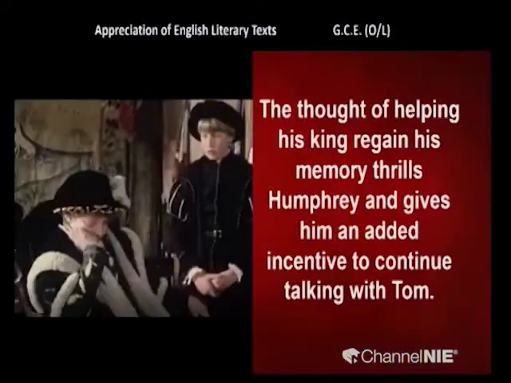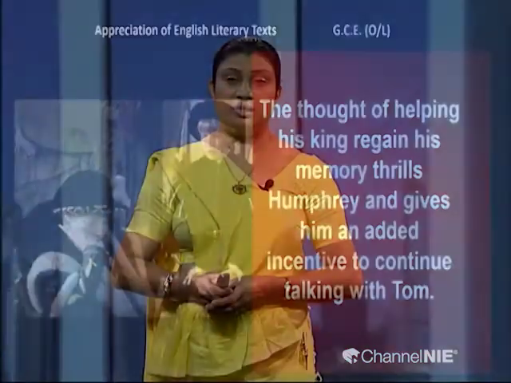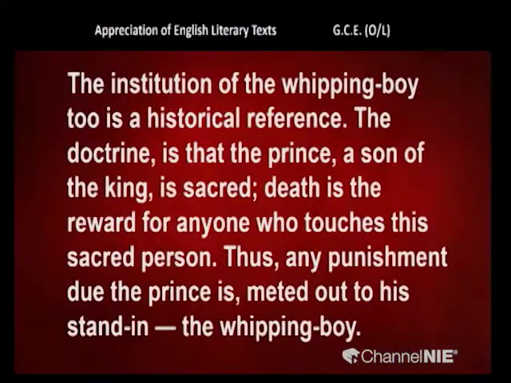So in the picture you can see he talks with Humphrey Marlowe. The thought of helping his king regain his memory thrills Humphrey and gives him an added incentive to continue talking with Tom. The institution of the whipping boy too is a historical reference. The doctrine is that the prince, a son of the king, is sacred.